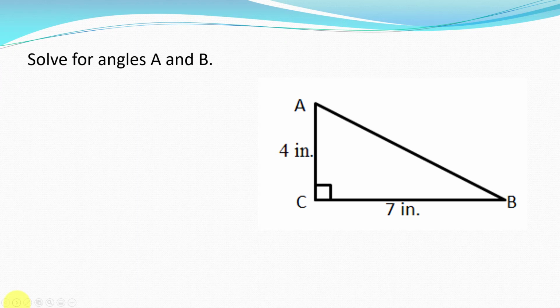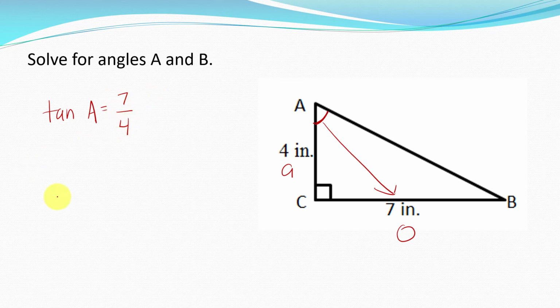Solving for angles A and B. So angle A is the first one we're going to do. So what is this? This is opposite. What is this one? This is adjacent. Who uses opposite and adjacent? It's tangent. So tangent of the angle A is equal to opposite over adjacent.